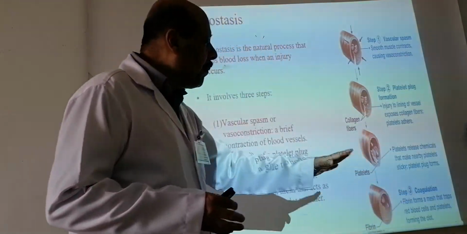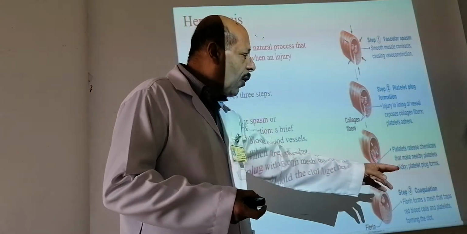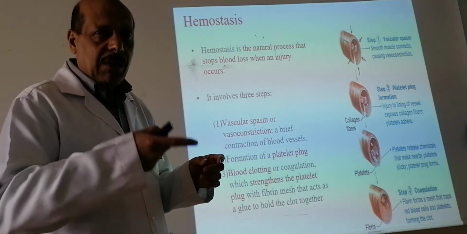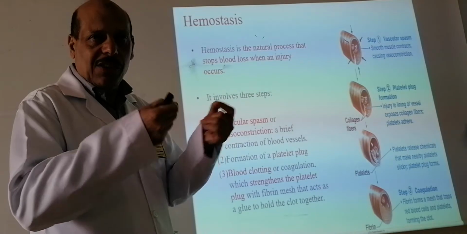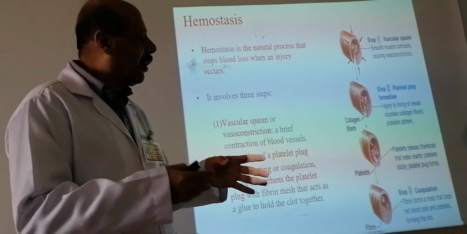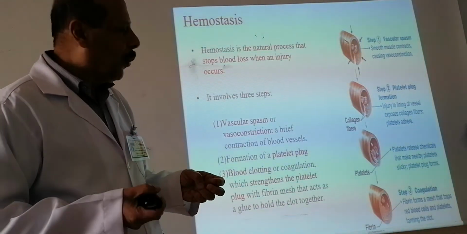Then step 3, coagulation. Fibrin will form a mesh, like the fibrinogen forming threads. It's like a mesh that will help in the closure of the wound.